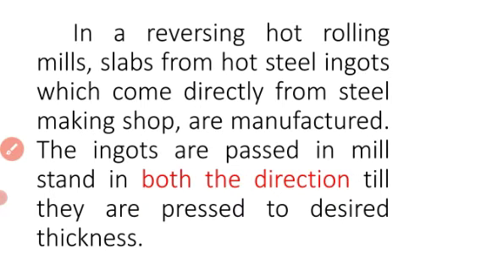In a reversing hot rolling mill, slabs are manufactured from hot steel ingots which come directly from the steel making shop.